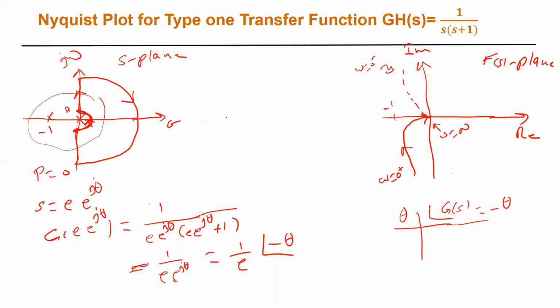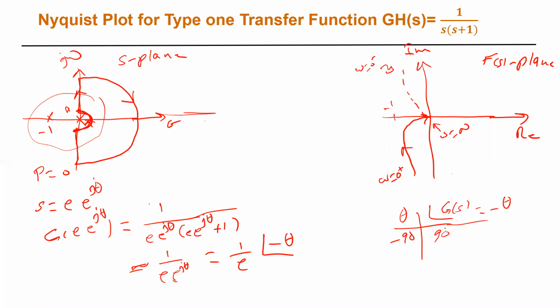If this is my reference, the 0 line, what is the value of theta in here? Minus 90. So if theta is minus 90, what will be the phase of G of s? Substitute in here minus 90, it will be 90. And of course, in terms of magnitude, it is at infinity.